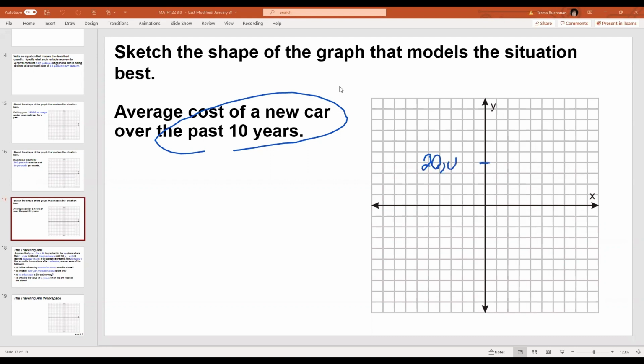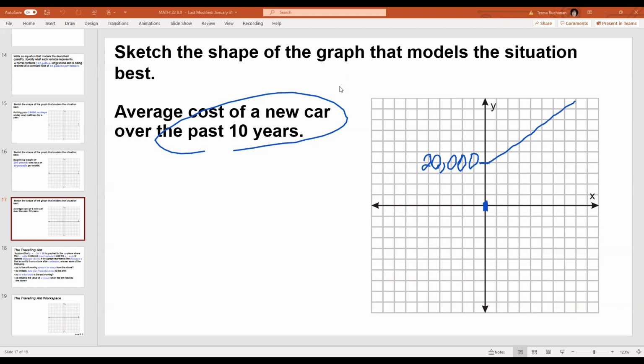I suppose a very, very cheap new car might be $20,000. If you're laughing, you could buy a wagon for that. I don't know. But I would say if that's my starting point, my time equal to 0, I have enough sense to know that the cost of that car is increasing over time.